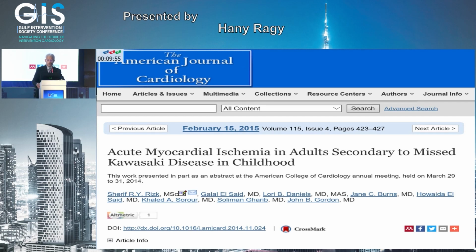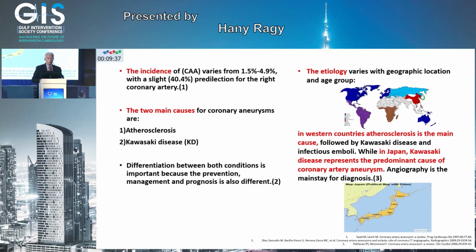This paper was over 50 cases, and they were looking at something very specific: whether some of those etiologies are actually Kawasaki, which survived to adulthood, and how to differentiate between the Kawasaki etiology and the atherosclerotic etiology. The two main causes of coronary aneurysms are atherosclerotic in adulthood and Kawasaki in the younger age.